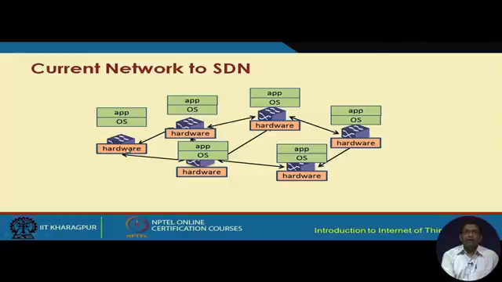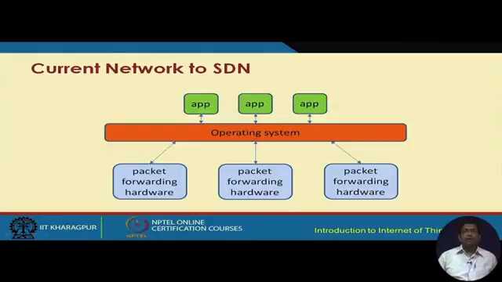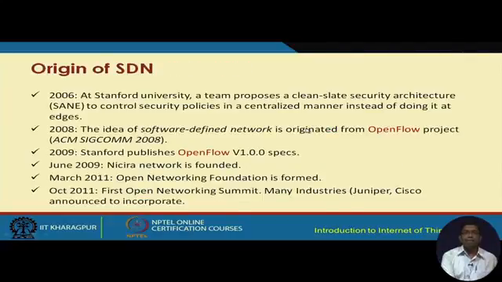In the earlier view, the app, OS and hardware were all put together in each of these switches, and here we are separating the application and the operating system from the hardware in each of these switches. So, hardware is separated out from the app and the OS. Packet forwarding is going to be separated out from the OS and applications.